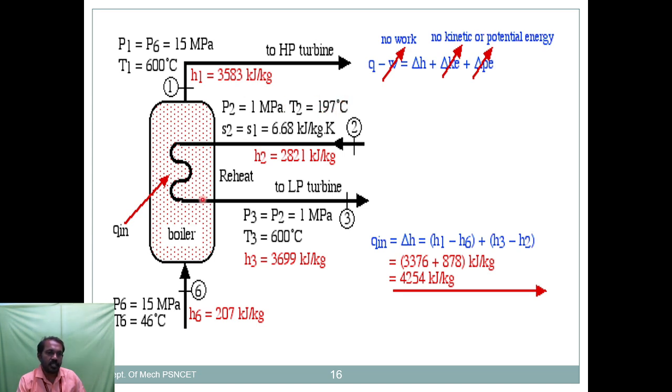The temperature is pushed to 600 degrees Celsius, an increase. The enthalpy also increases, and H2 is a decrease. H1 is a value of 3000 and H2 decreases after the turbine, but enthalpy increases after the boiler.